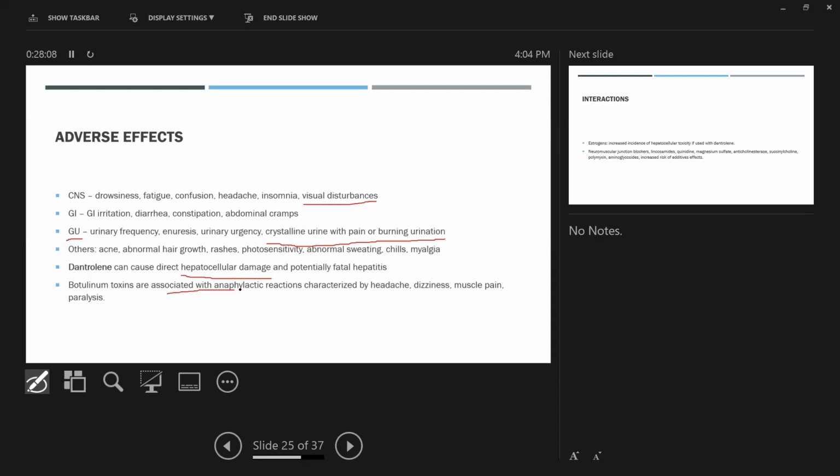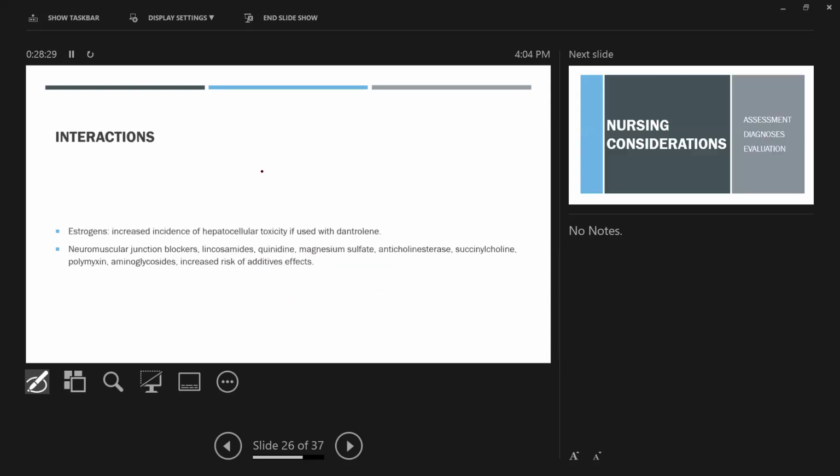Botulinum toxins are associated with anaphylactic reactions. Those are characterized by headache, dizziness, muscle pain, paralysis. Drug interactions.